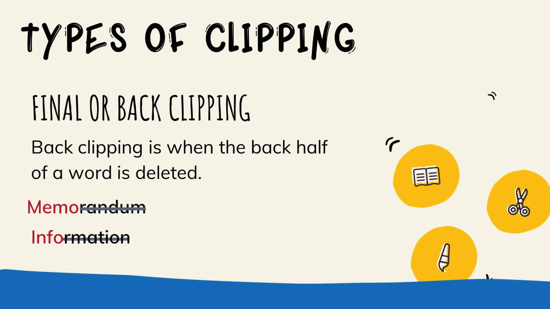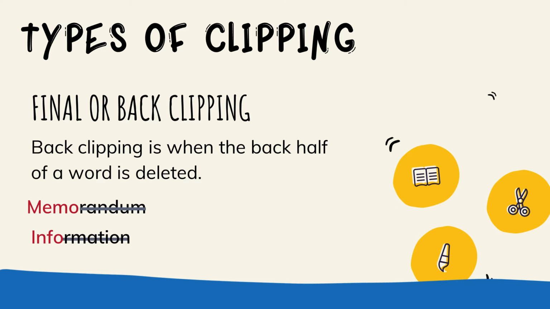Another example of back clipping aside from exam and examination is memo, which is the back clip form of memorandum. So we remove the last few letters R-A-N-D-U-M and we have a new clip word, memo, coming from memorandum. It's the same thing with info coming from information.